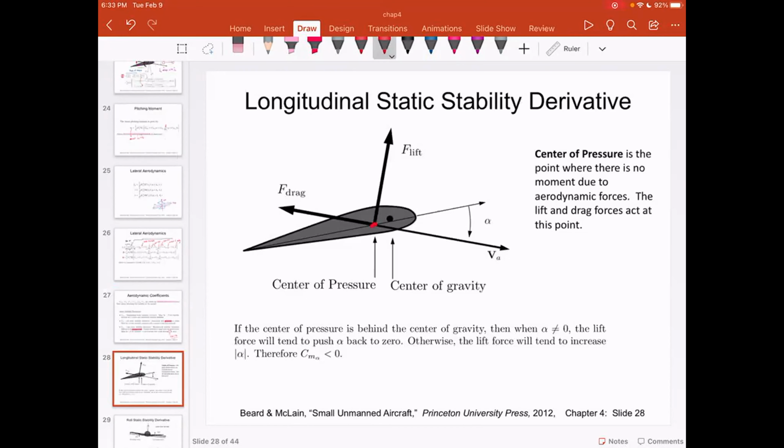That's why you would see many a times when the aircrafts are designed or the seat assignments are carried out, they make sure that the CG of the airplane is ahead of the center of pressure so that the aircraft is inherently stable in the longitudinal direction. So that causes aircraft to be stable.